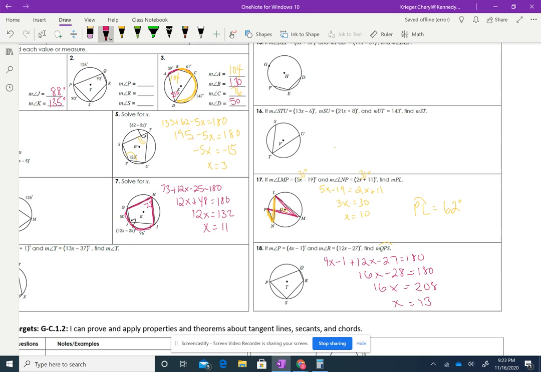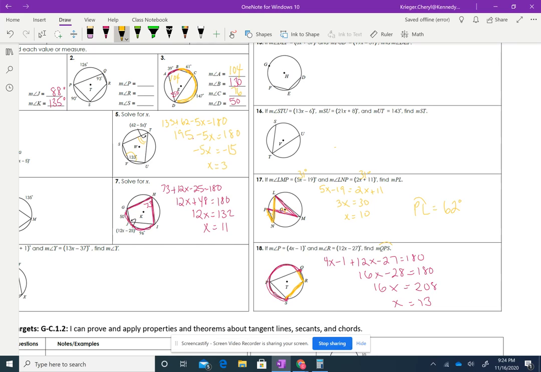And I'm trying to find major arc QPS. Okay, so QPS has endpoints of Q and S. So if we look at that, those are the endpoints of angle R. So if I find angle R and double it, that should be the degree measure of the major arc.